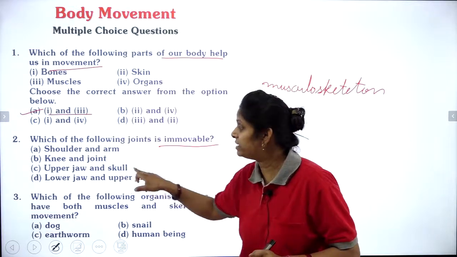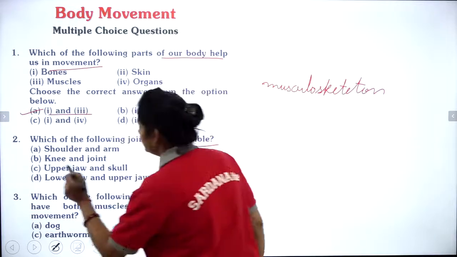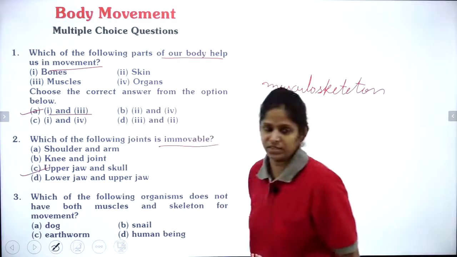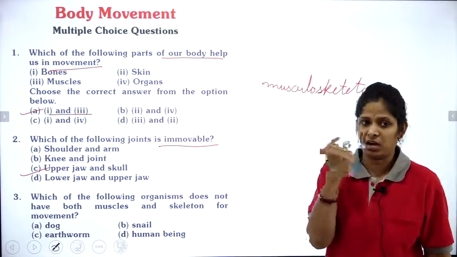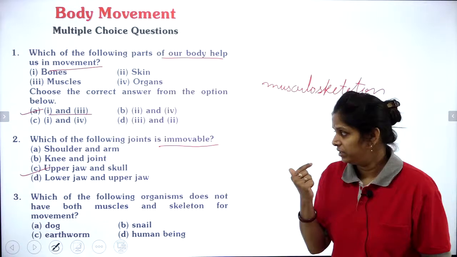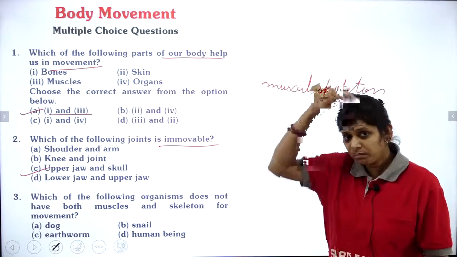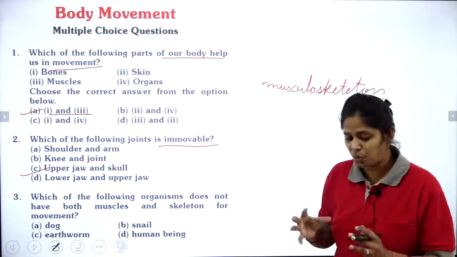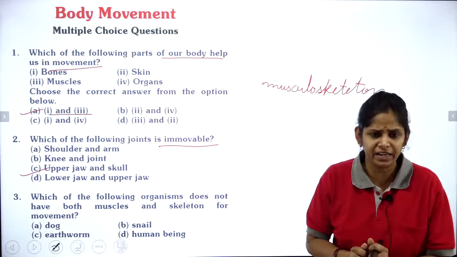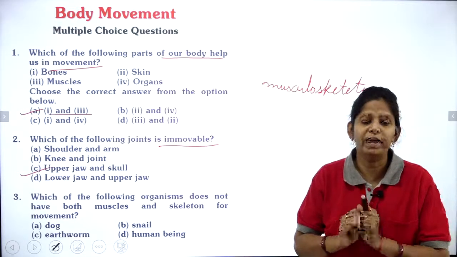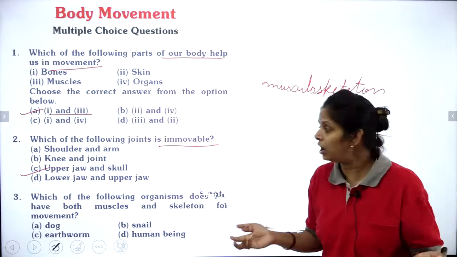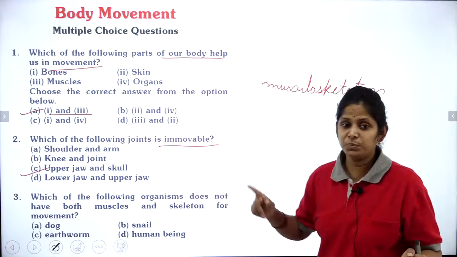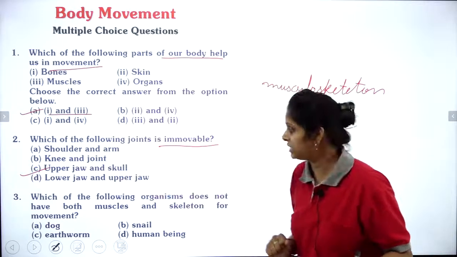Upper jaw and skull, yes, this is the right option. Your upper jaw, you can't move it. And in the skull, the bones are fixed very tightly and we can't move them at all. So this joint is called a fixed joint. It is present in the upper jaw and in the skull.